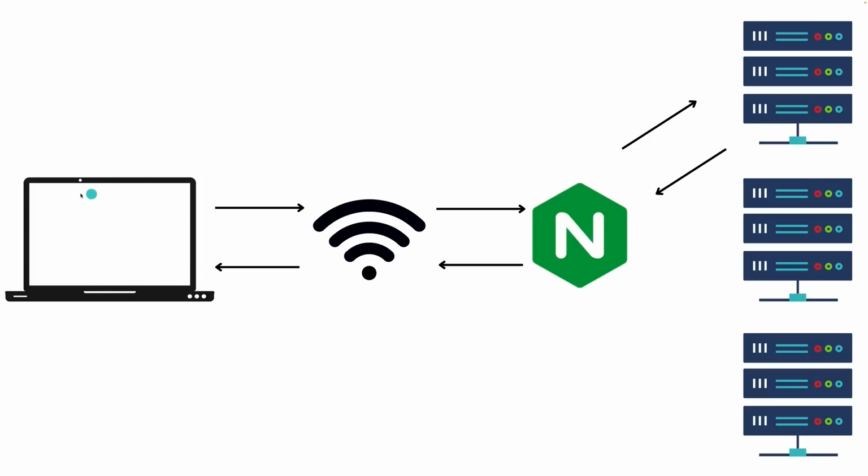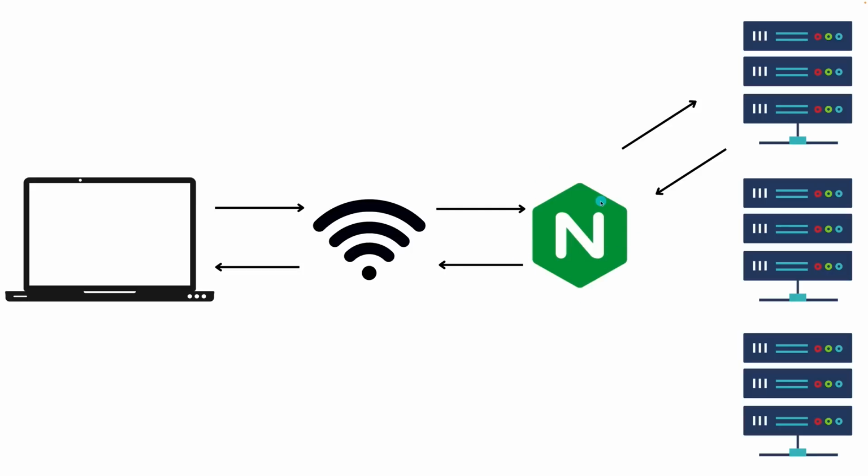So instead of the client worrying exactly where to make the request to, it's just going to make a request straight to the internet, and that's going to be caught by NGINX, and then it's NGINX's responsibility to forward that request to any particular server that it chooses. And this is typically done by a specific algorithm.